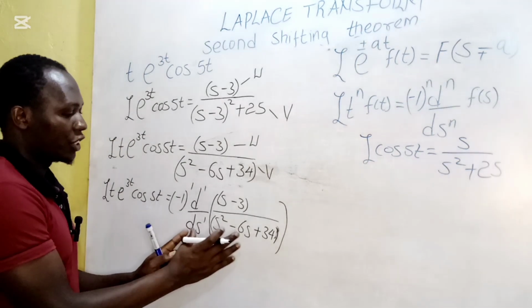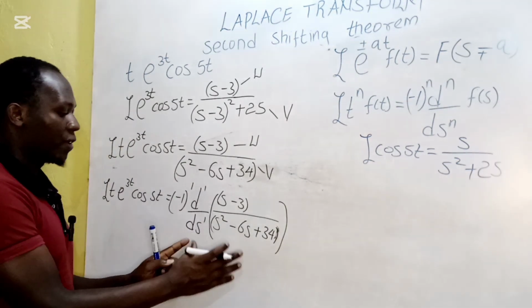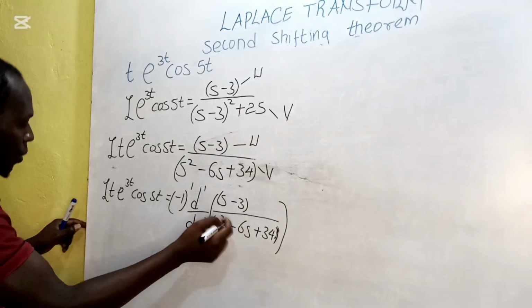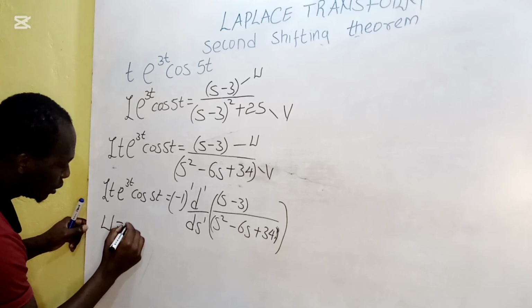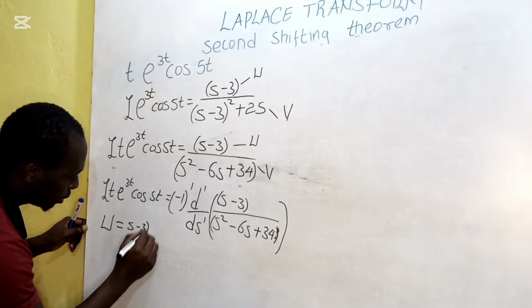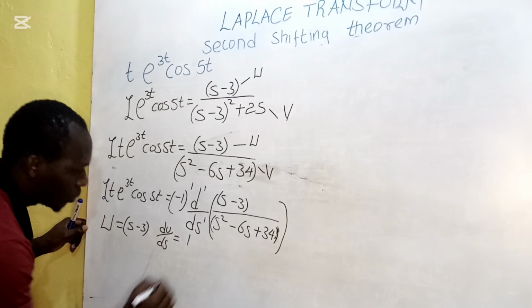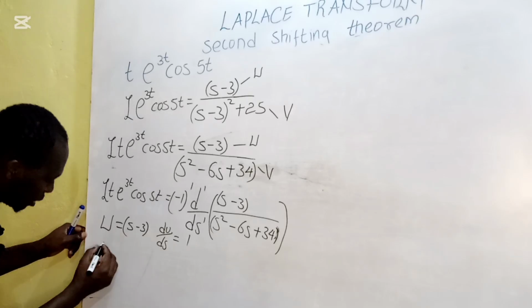Let us now use the quotient rule in finding the differential of our function here. We understand that our u is equal to s minus 3. du with respect to ds is equal to 1, because when we differentiate this function we are going to have 1.